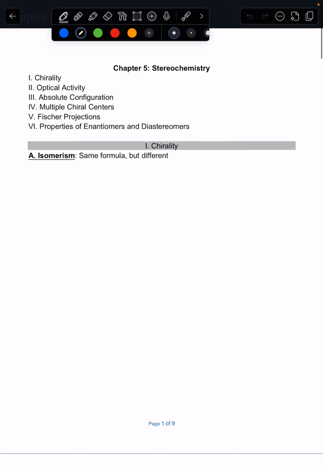So isomers, remember, means two isomers have the same formula, but they're somehow different. The way they're different has to do with connectivity.